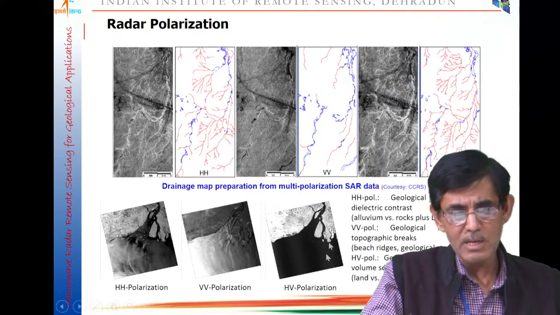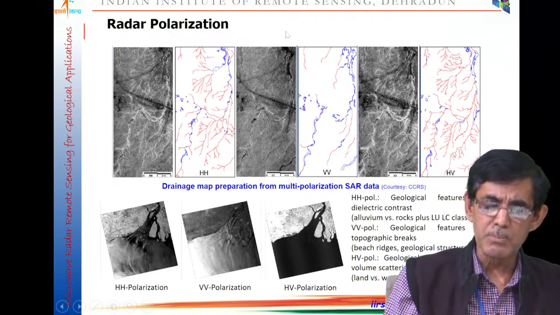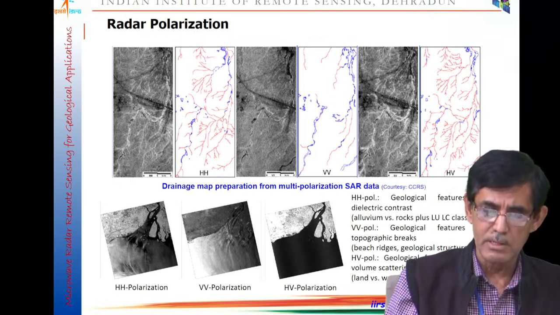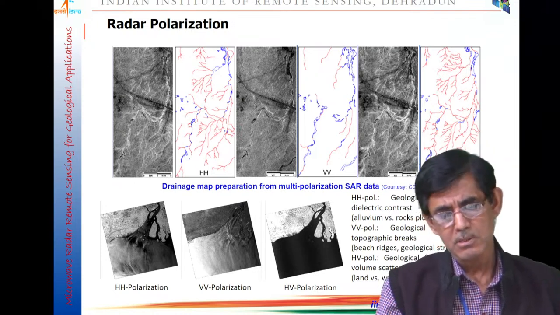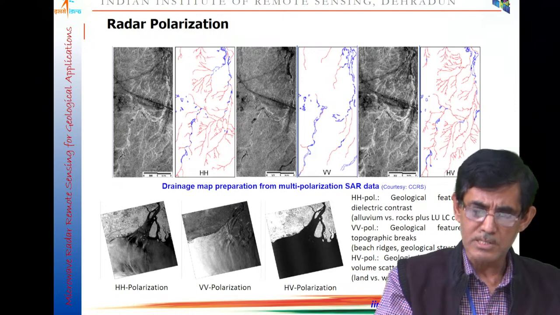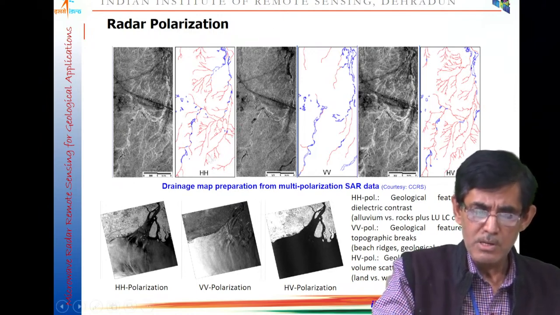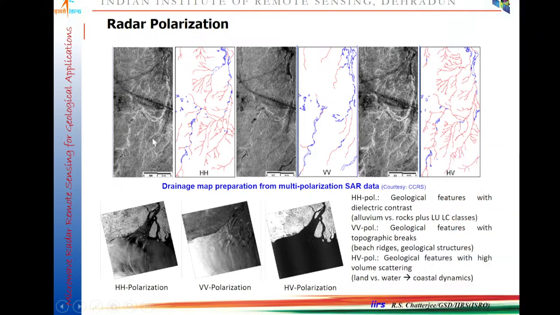Now you see, this is a very beautiful example where the polarization behavior of the electromagnetic radiation, or the radar wave, is very much exploited for different kinds of applications. For example, for hydrological mapping, or let us say drainage mapping. If you use HH polarization, in this image you see the surface drainage is highlighted. It looks bright.